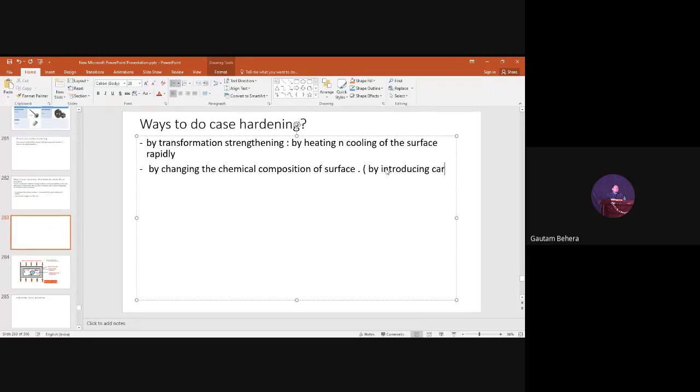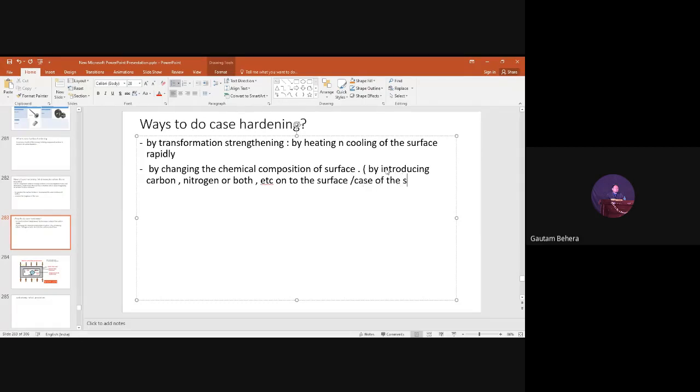One is carburizing, or I can write, by introducing carbon, or nitrogen, or both, etc., onto the surface or the case of the steel.